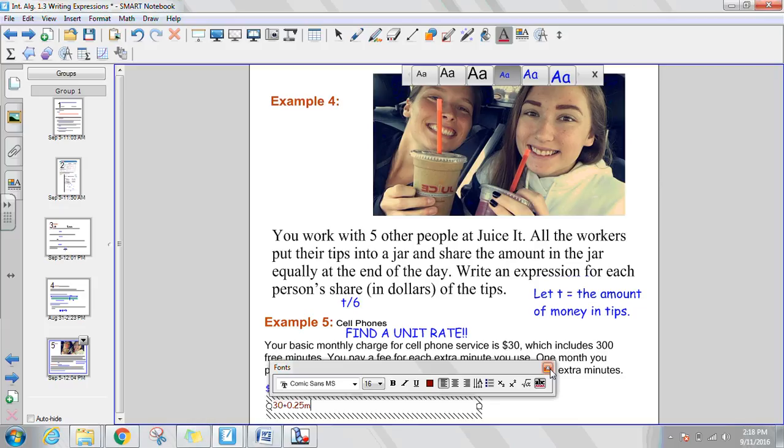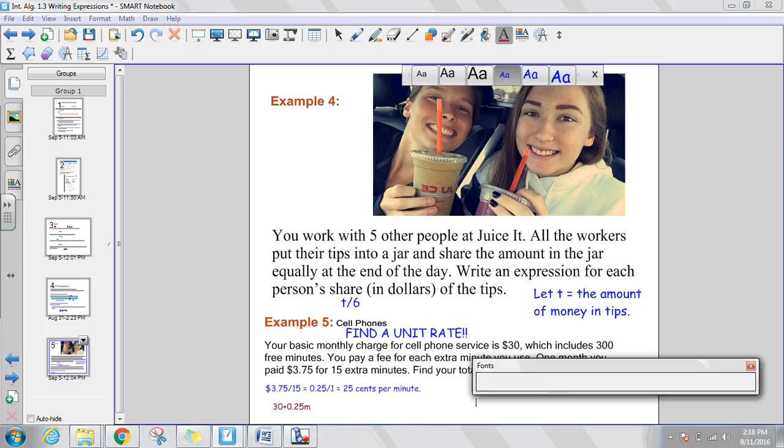Okay, so we need to now evaluate the expression when M is 22. So for M equals 22, we're going to plug 22 in for M, and we get 30 plus 0.25 times 22. And we need to simplify. We get 30 plus, and then 0.25 times 22 is actually 5.5.